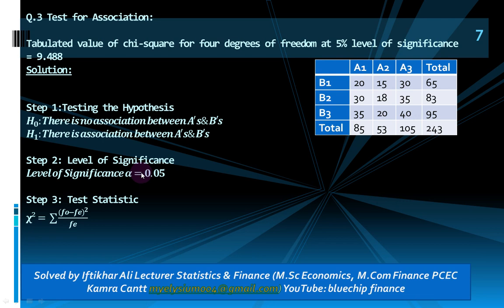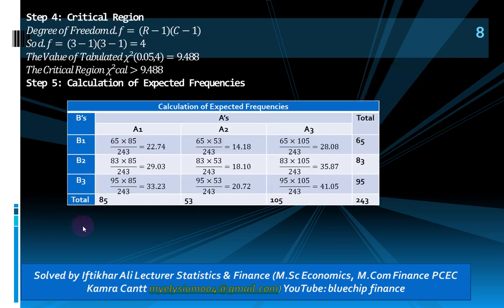So alpha will be equals to 0.05. Third step is to take the test statistic, and that is the formula of chi-square, which is equals to sum of observed frequency minus expected frequency square divided by expected frequency.